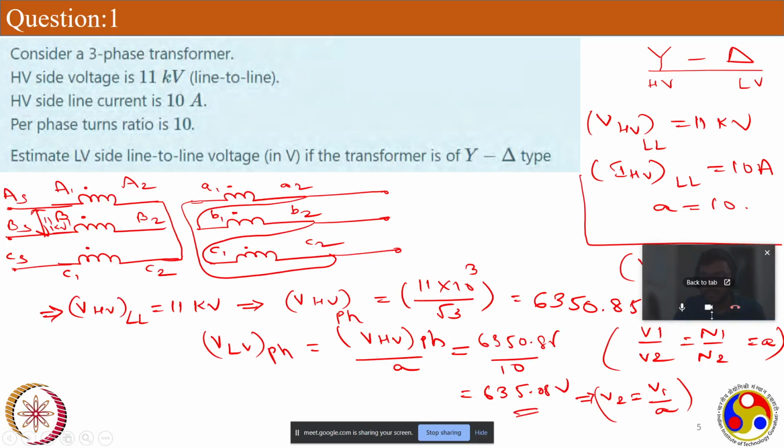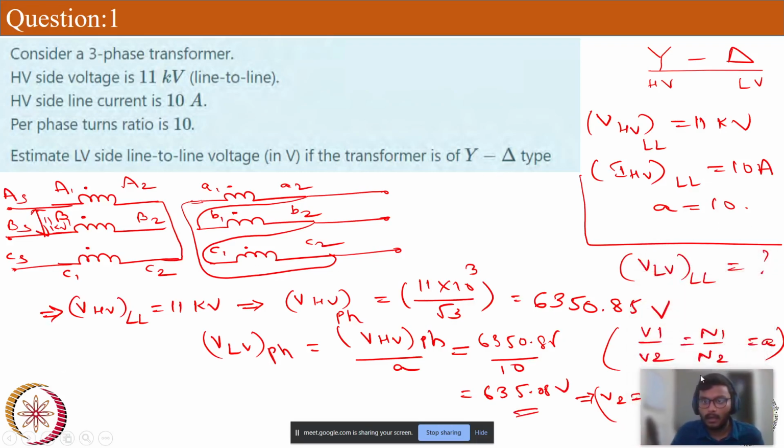Now, what was asked in the question? We were asked to find the LV side line to line voltage. So now we know the phase voltage in the low voltage side. It was asked for the line voltage in the LV side. In the delta connection, both phase voltage and line voltage are the same, right?